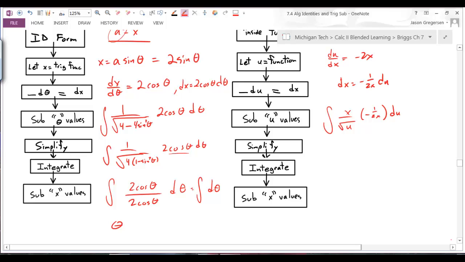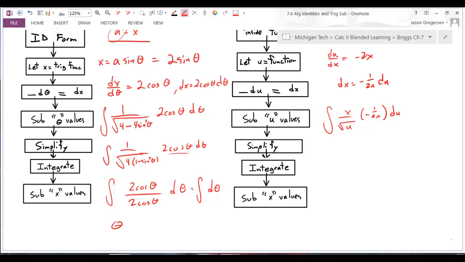Sort of. And now we've got to get back our x's. How do I get back my x's? If the solution is theta, what's my solution in terms of x? How do I find that? Arc sine. Yeah, I go back to this thing: x equals 2 sine theta. I solve that for theta.